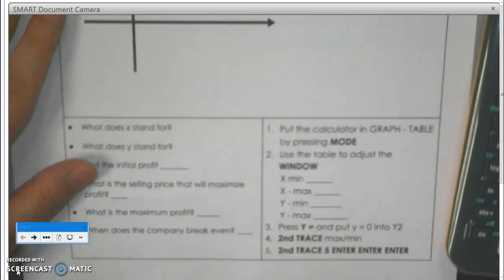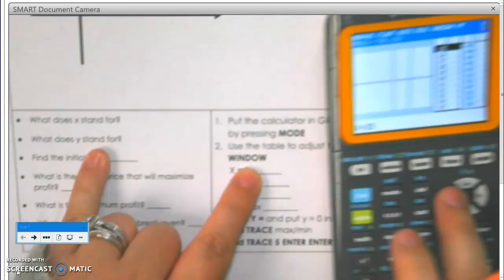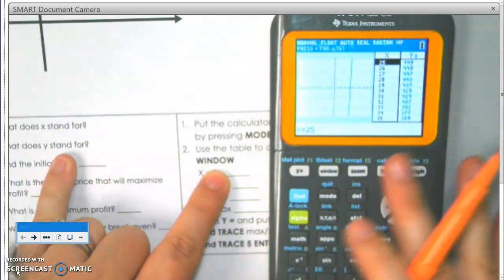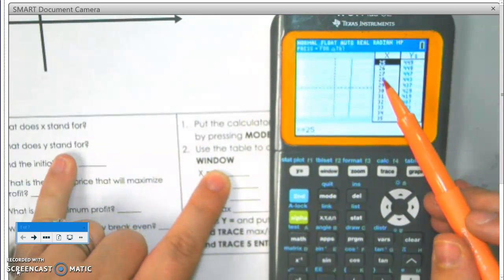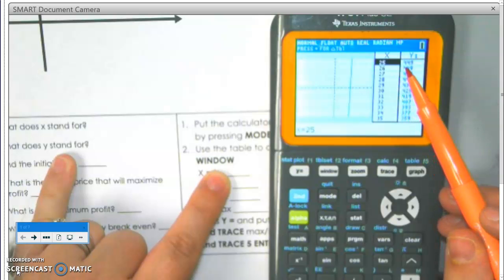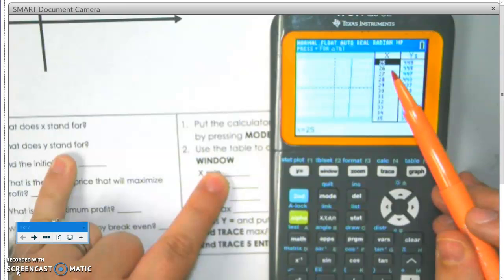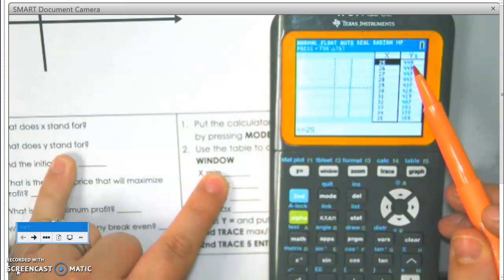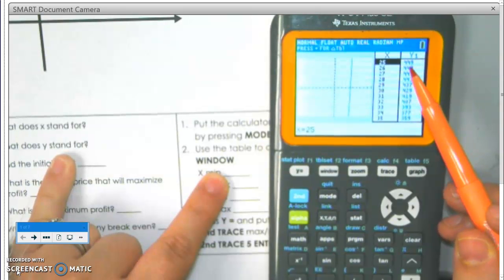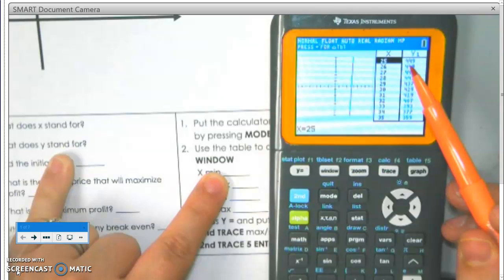So I want to adjust my window, and I can tell that my x's, like I said, I'm probably going to want to go up to 50. That's just an educated guess based on 25, between 25 and 26 being the turning point and my halfway mark, and 25 times 2 is 50.